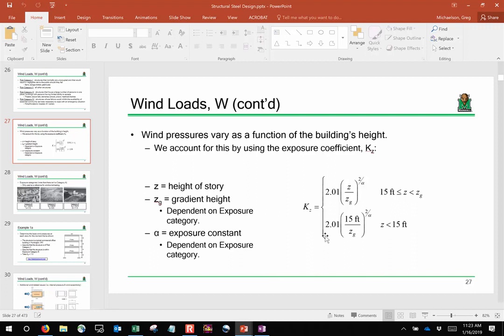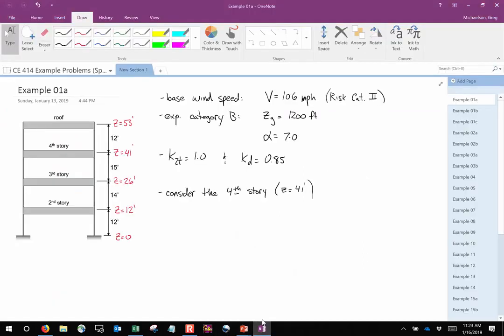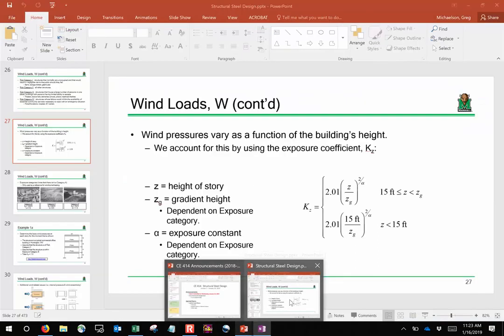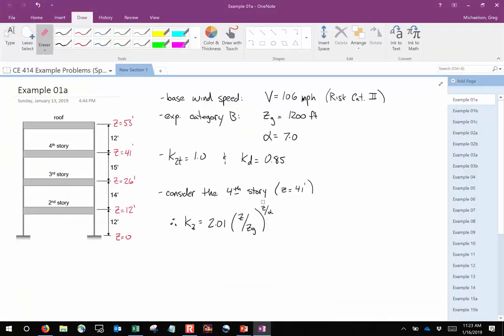Therefore, KZ is 2.01 times Z over ZG, raised to the 2 over alpha.